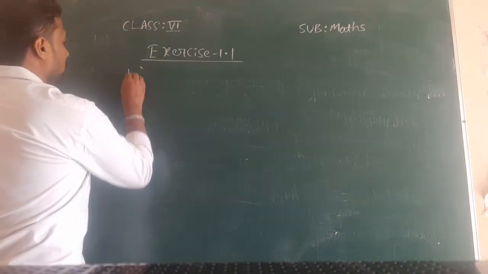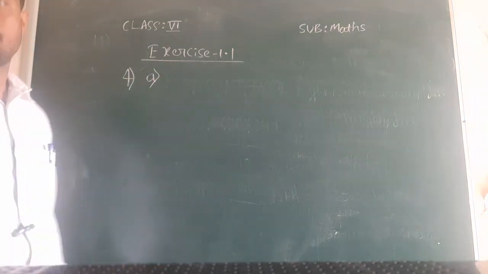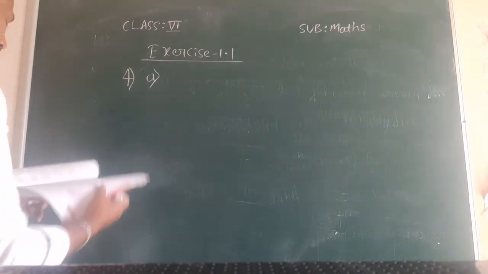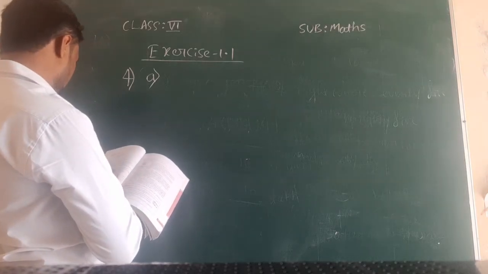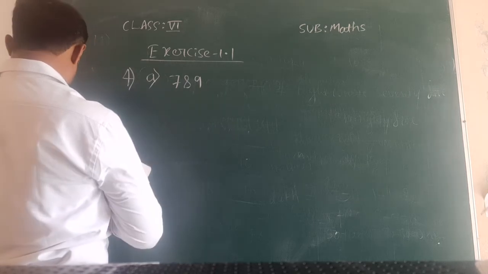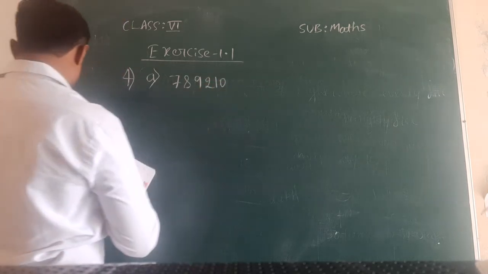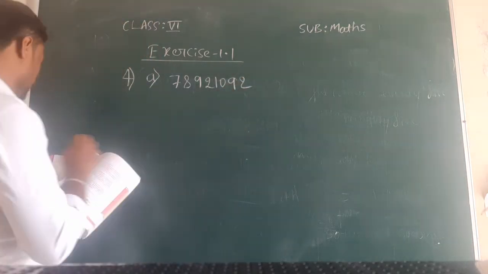Okay, so in the fourth main question, question number A. First we will write the number 789 210 92.